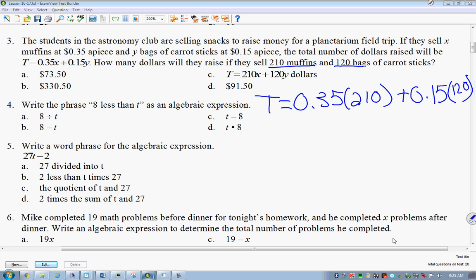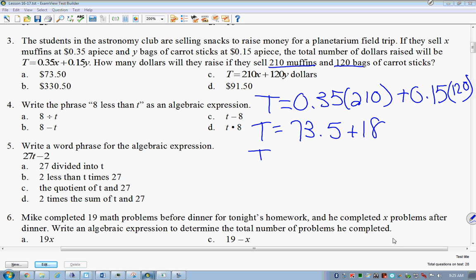So we have 0.35 times 210. This is where a calculator comes in handy, right? $73.5 is correct. Okay, now we have 0.15 times 120. $18.